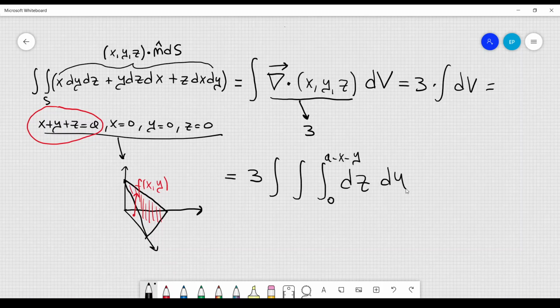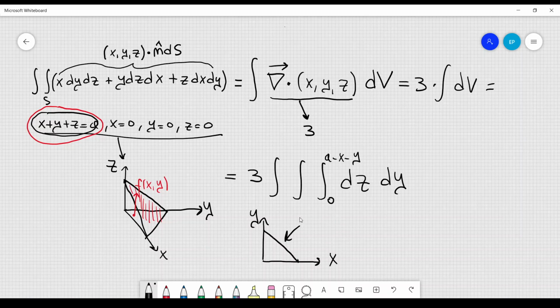Then if I integrate over y, I have to take a look at this sketch from above. So I have to take a look at the xy plane, because I have already integrated over z. And here I have this function, which is the projection of the plane, this plane here, x plus y plus z equal to a, onto the xy plane.